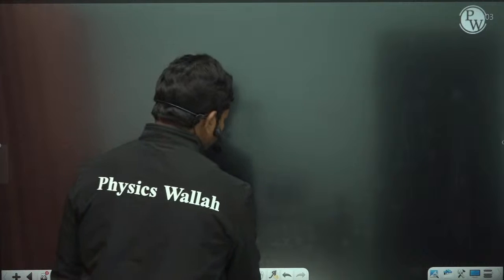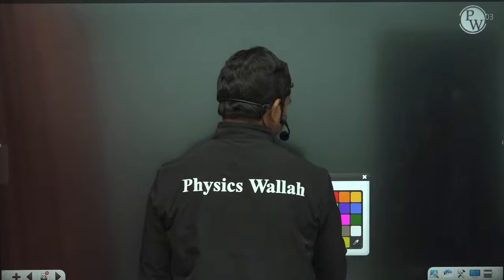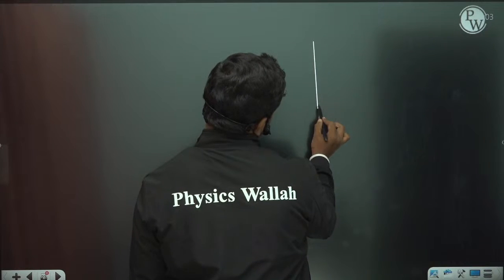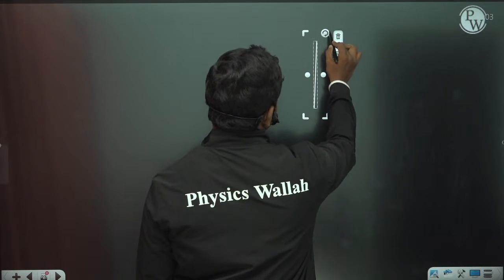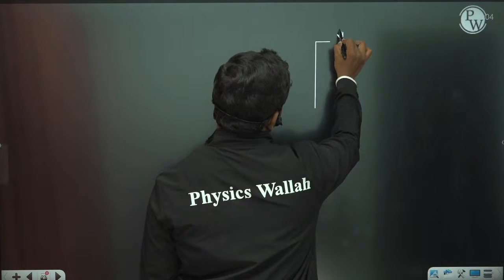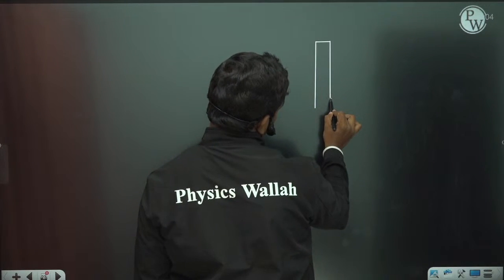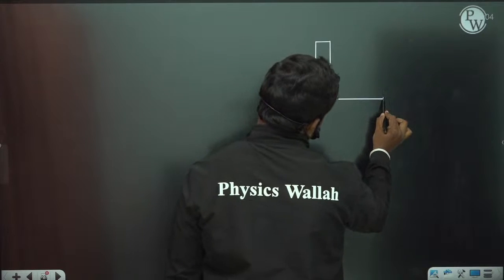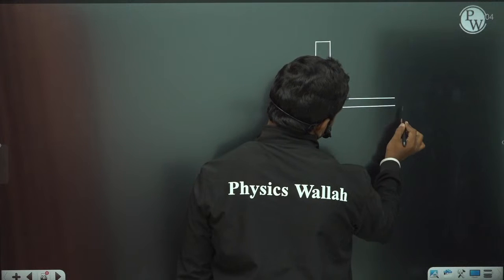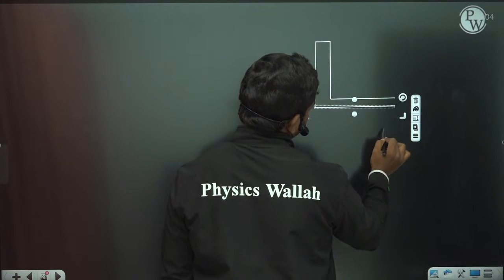Okay, so free body diagrams. If you see the free body diagram, the gate is like this. It's a rectangular gate kind of thing, cross section is rectangular. So let us suppose there is a gate like this. This is the gate.